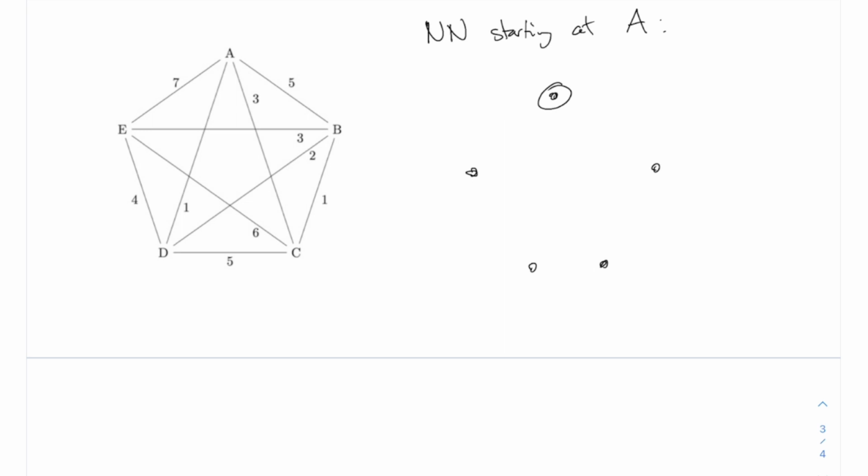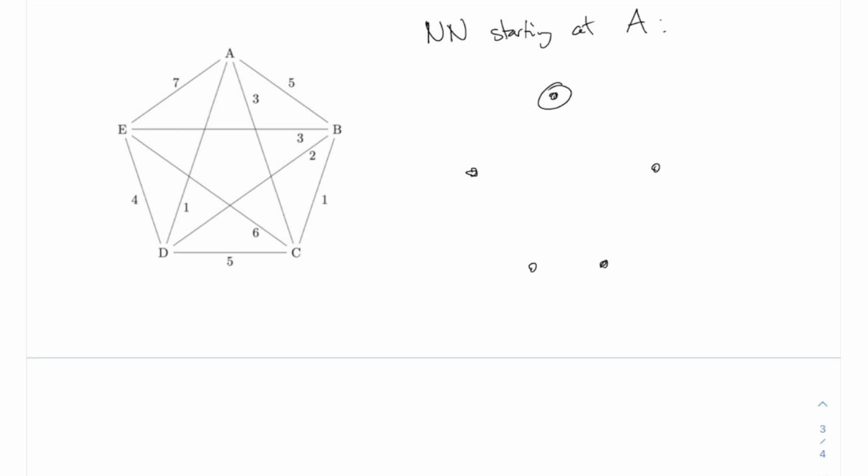Start at A and choose the cheapest edge every time. Can we talk about it?